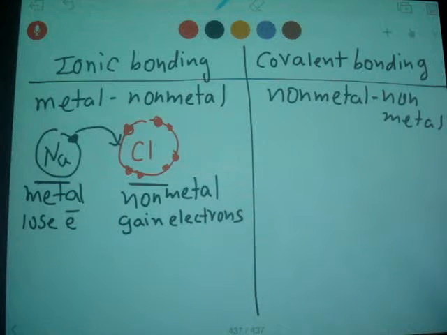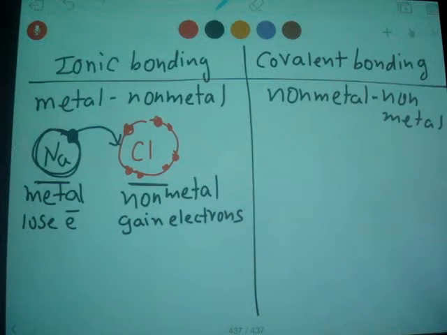Octet means 8 electrons in its outer shell. Chlorine is happy, it has achieved the 8-electron noble gas configuration. And sodium, when it loses this electron, also achieves a stable noble gas configuration.